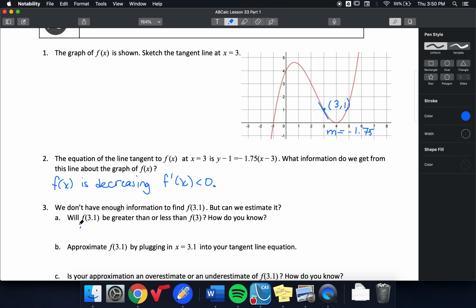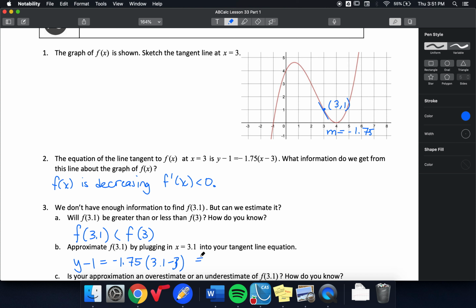F of 3.1 is going to be less than f of 3. And I know that because I can see that my function is decreasing. I also know that the derivative at 3 is negative. All right, so we can approximate this by plugging 3.1 into my tangent line. So y minus 1 equals negative 1.75 times 3.1 minus 3.